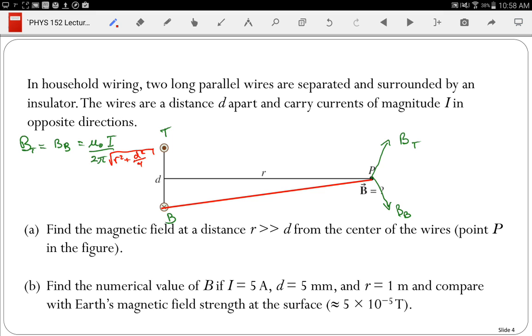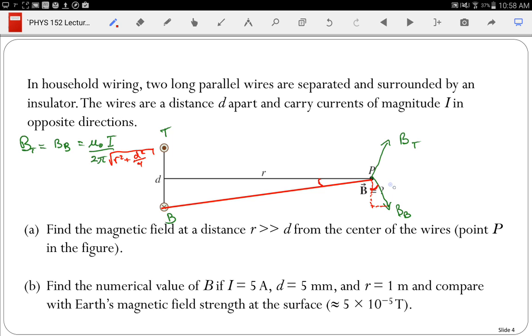It would be nice if I was done, but I'm not. How do the magnetic fields add? As vectors. So I need to break these into components. If I break these into components, this angle here is the same as this angle here.